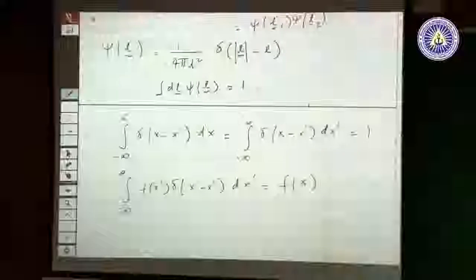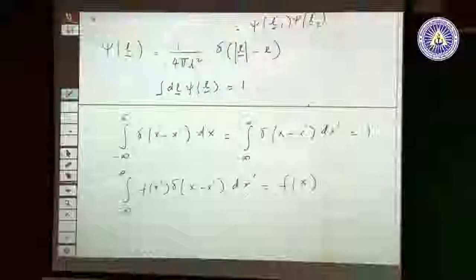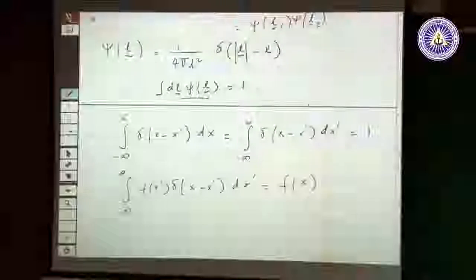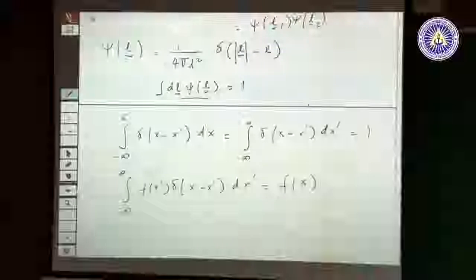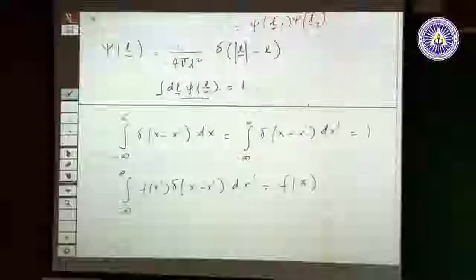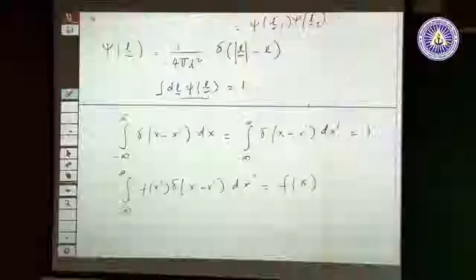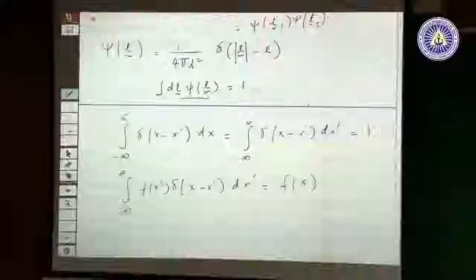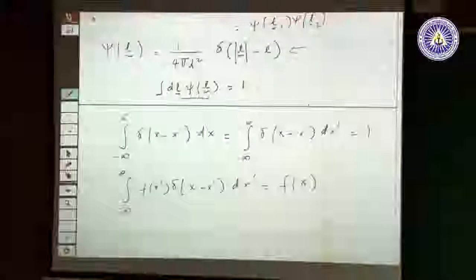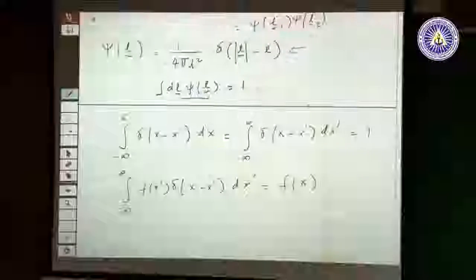So if you carried out this integration, converting to spherical coordinates, you get the magnitude L, theta and phi. The theta and phi integrals give you the 1 over 4 pi factor, the L squared takes care of the integral over the magnitude, and the delta function makes sure it is equal to 1. That is how you get the normalization. This is just saying that the bond vector can be anywhere on a sphere of radius L.